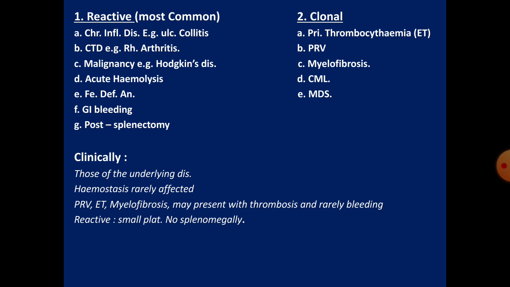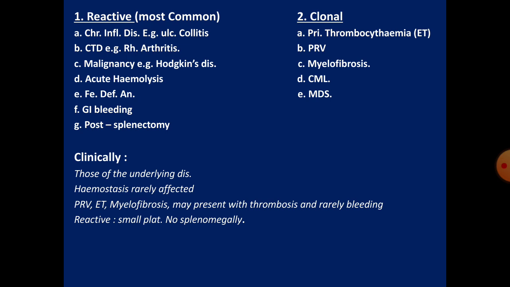While the reactive causes are underlying chronic inflammatory disorder, connective tissue disease, malignancy, acute hemolysis, sometimes iron deficiency or iron replacement, GIT bleeding, and post-splenectomy. These patients are complicated by thrombocytosis.